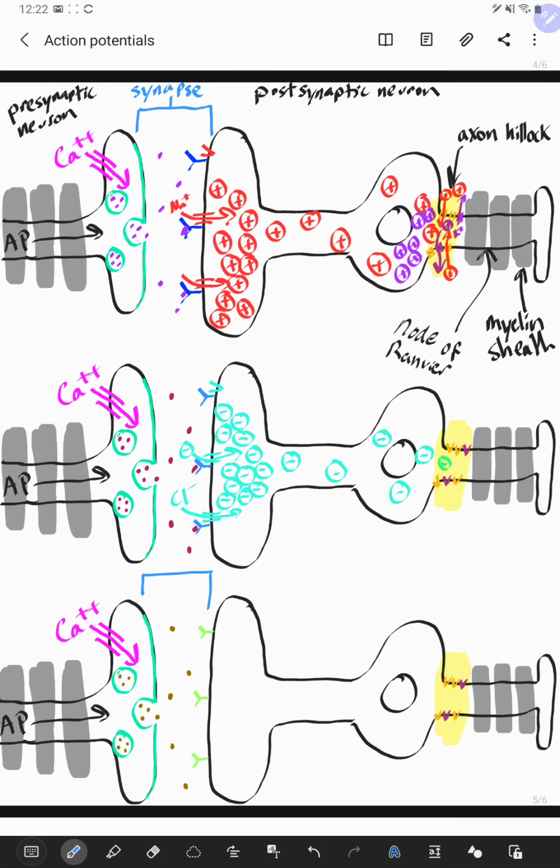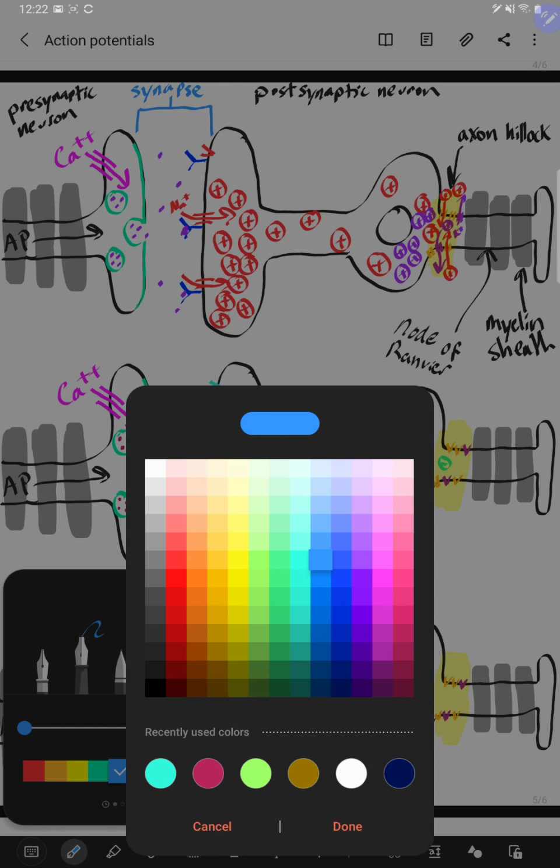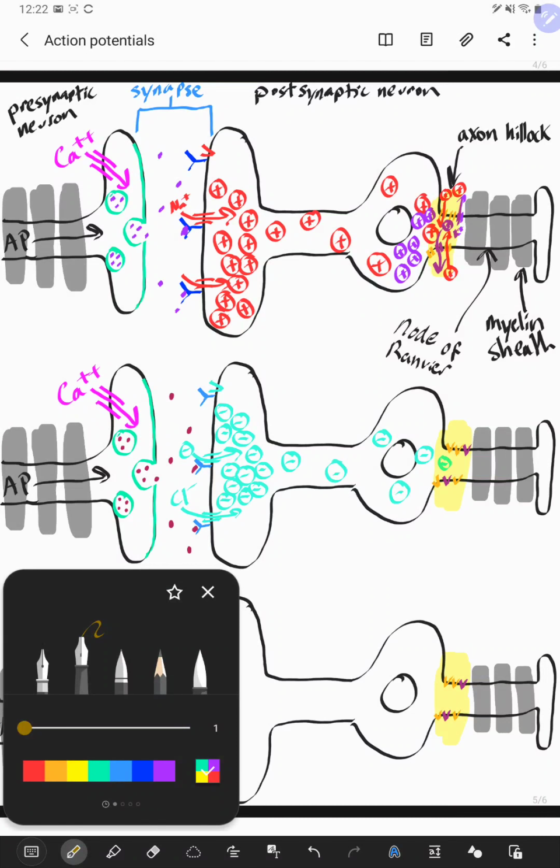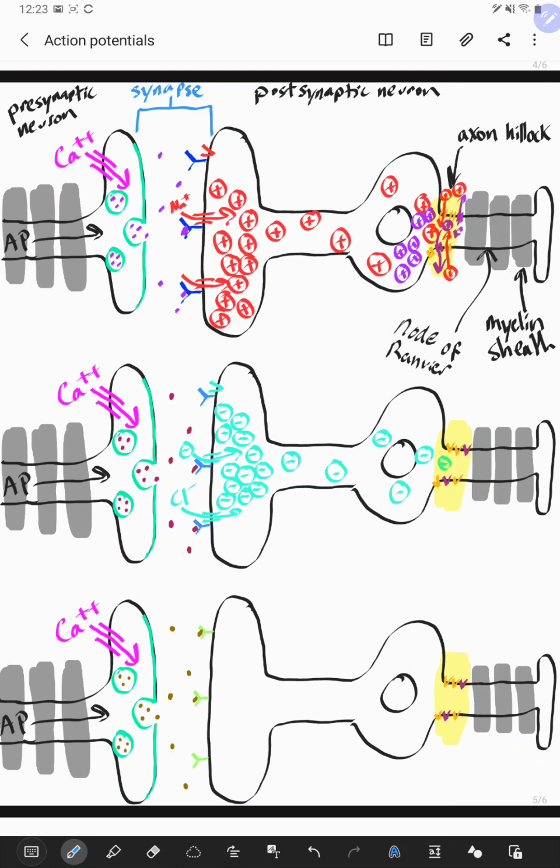Remember, this region right here is called the synapse. These neurotransmitters are bouncing around, and then eventually they're going to bind to the receptors. And attached to these receptors, just like in all these other examples, are these potassium channels that are going to open whenever a ligand binds to the receptor.